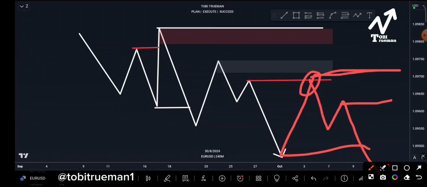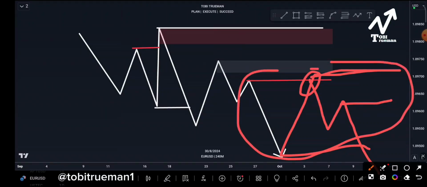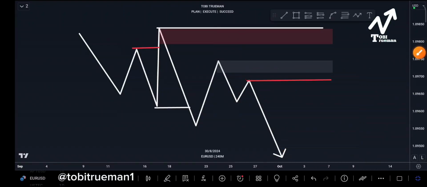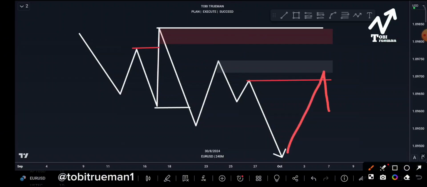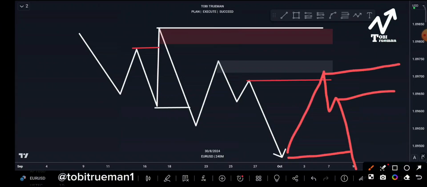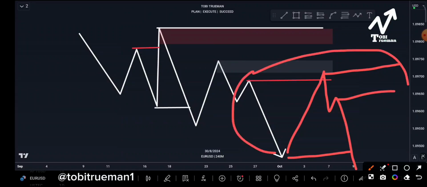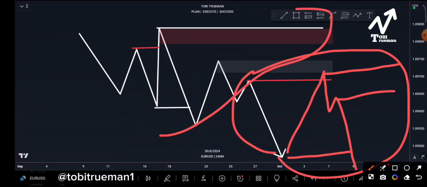So everything here will now form another new market structure. We know that, right? Break of structure, high point, inducement. So everything here will form another market structure, leaving this particular one behind, because it has not been mitigated and price has moved forward. That is what I'm talking about.